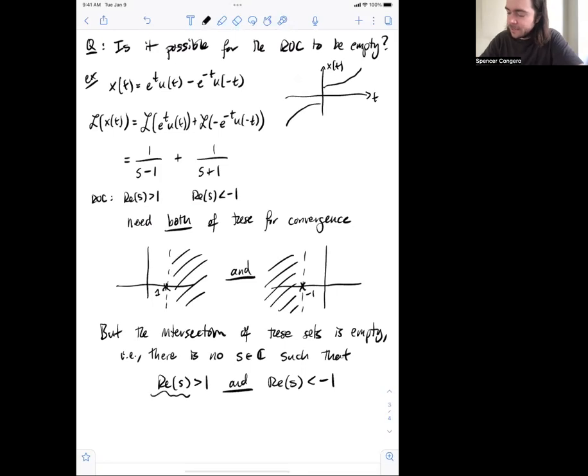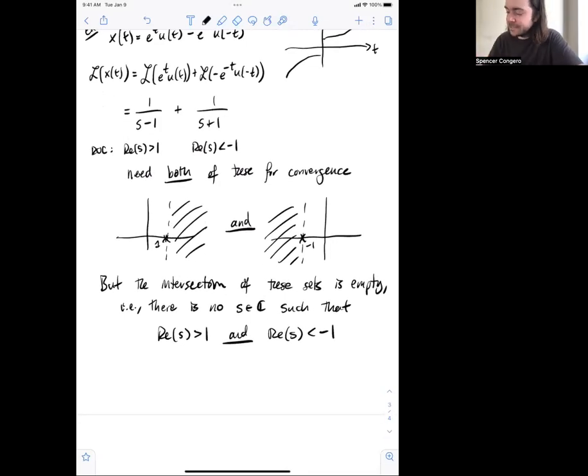I mean, there's no real number that's greater than 1 and less than -1 at the same time, so there's no complex number whose real part can satisfy that either. What does that mean? That means our ROC in this case is actually the empty set. That's our symbol for the empty set. The ROC is empty.